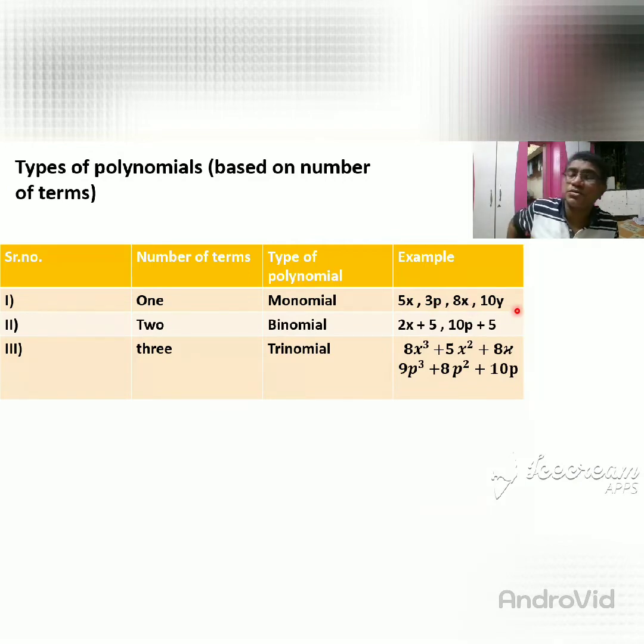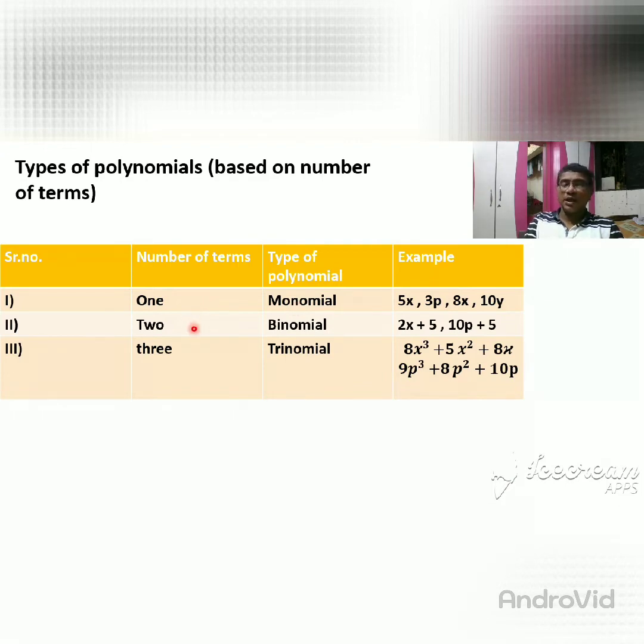You can write many other examples also. You only need to understand that they have one term. 5x is one term, 3p one term, 8x one term, 10y one term. So that is called a monomial.